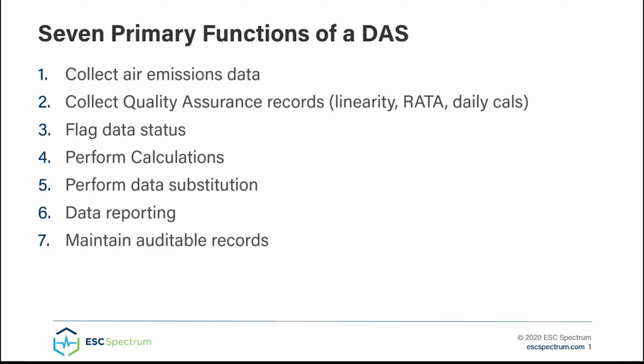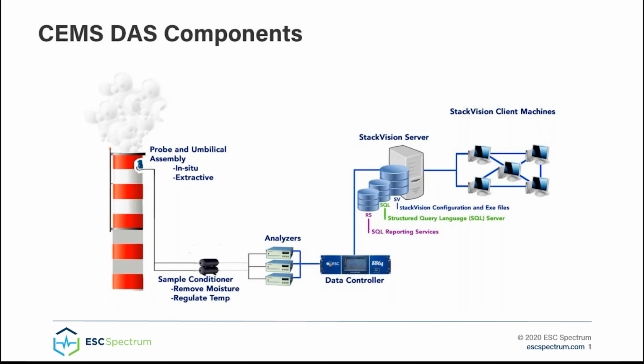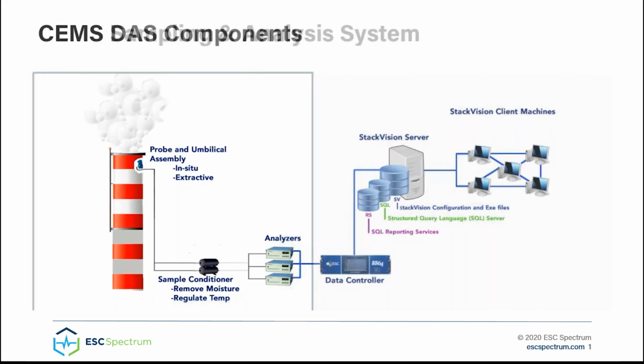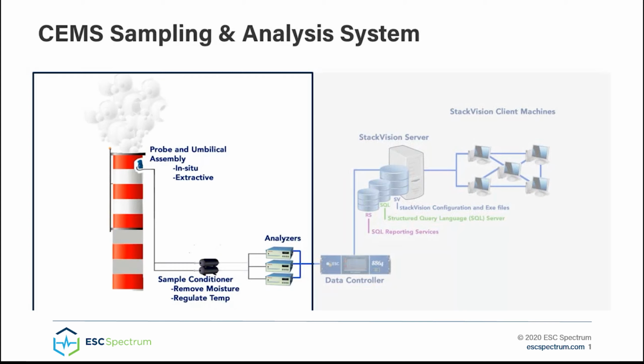So now let's take a look at the components of a typical CEMS DAS system. Here we have a sketch of a simple CEMS system, and let's take a walk through the components. On the left side, we have the CEMS sampling and analysis system. In this example, we have a probe near the top of the stack that draws the air sample into the system.